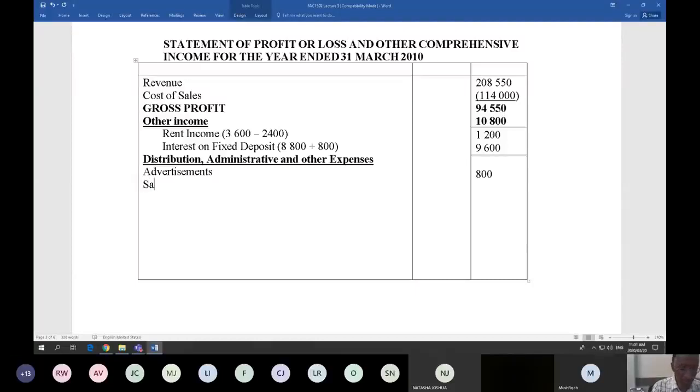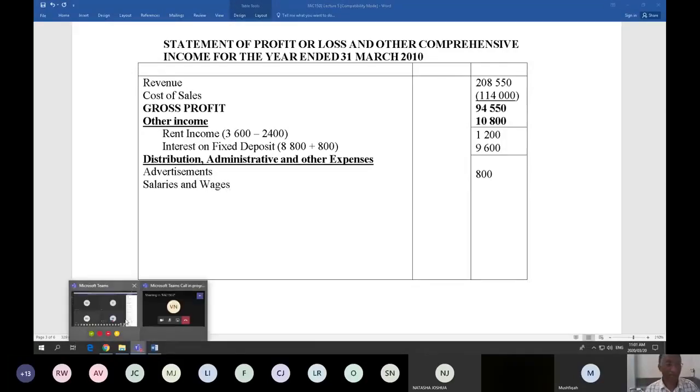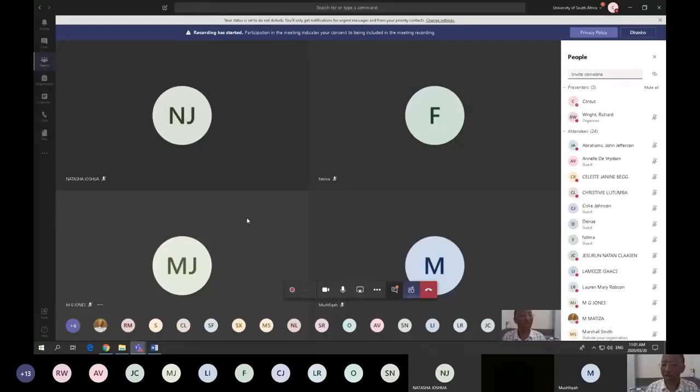Our next expense is salaries and wages. And guys, as you can recall, there was an adjustment with salaries and wages. That was adjustment number 3, where 4,500 rand of the salaries was not paid.